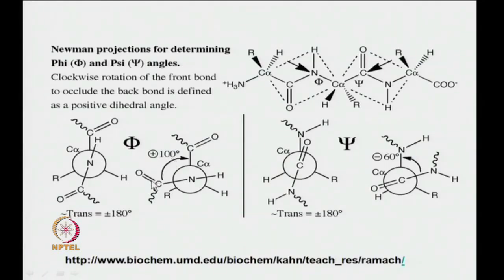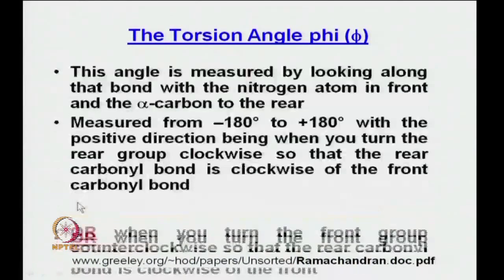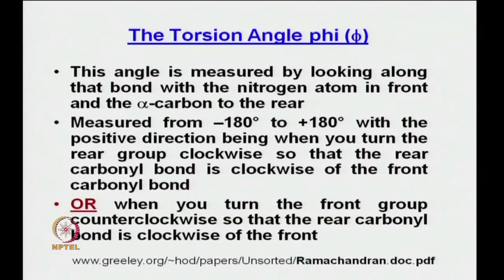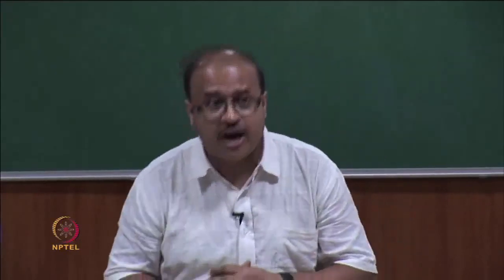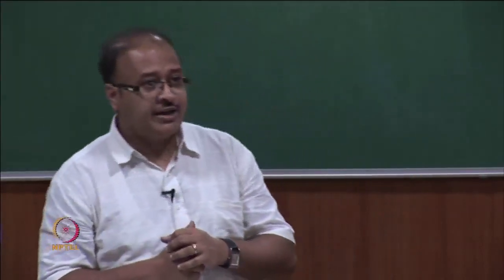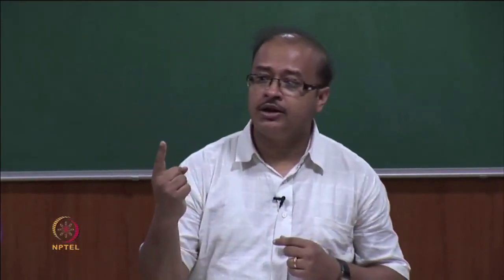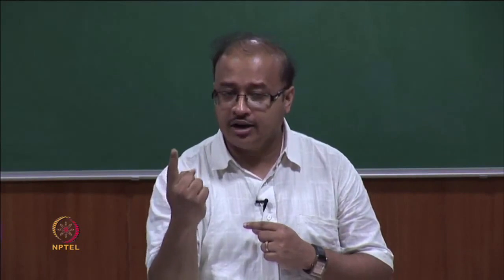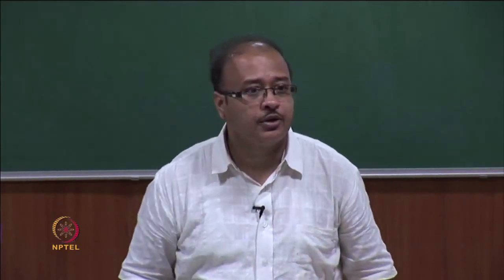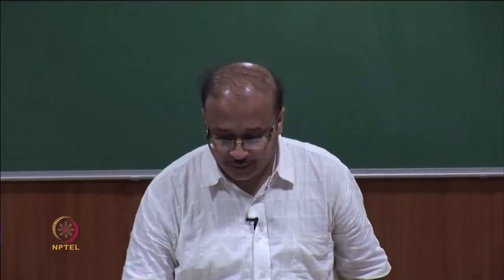So, for the front carbonyl, this direction is counterclockwise, and that is what we have done here. That is the convention that is given to it. So, that is your positive direction. Positive in a nutshell for a phi torsion angle is where your rear carbonyl is in a clockwise orientation of your front carbonyl. Keep that in mind, please.